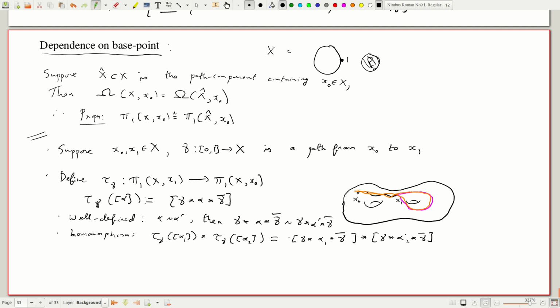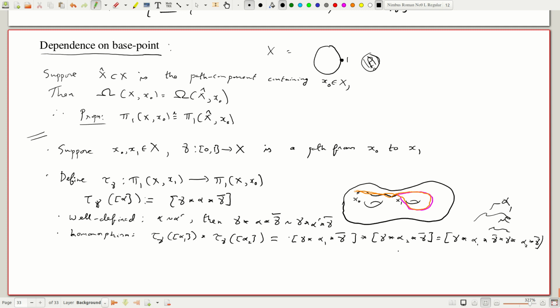So this is equal to the homotopy class of the curve gamma star alpha 1 star gamma bar star gamma star alpha 2 star gamma bar. But you notice that gamma bar star gamma is homotopic to the identity, and then identity star alpha 1 is homotopic to alpha 1.